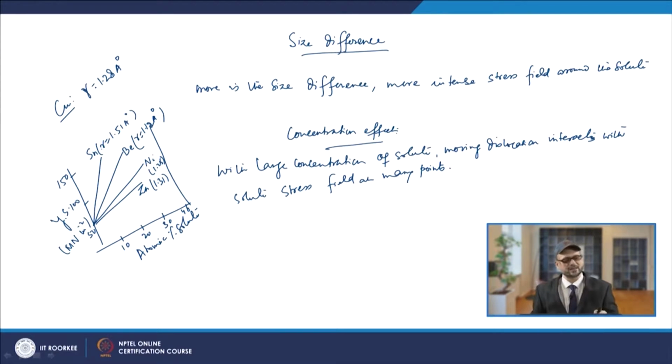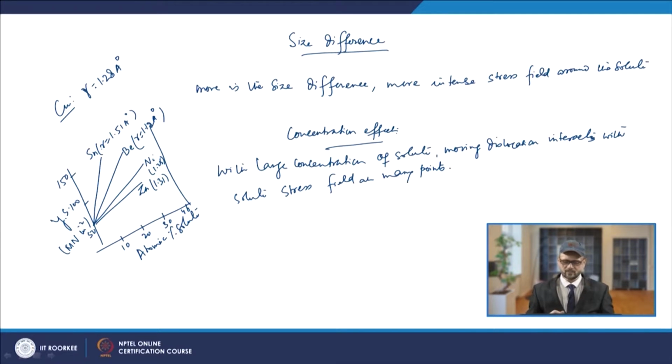That is why the increase in the yield strength is higher compared to when the other solute present is zinc. You will have a more intense stress field when copper is with nickel as compared to copper with zinc. That is why you will have more strength in nickel as compared to zinc, even if their size difference is the same.